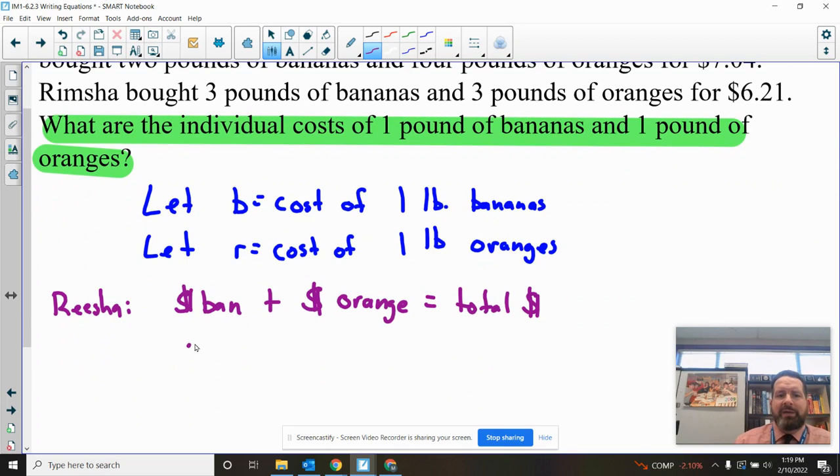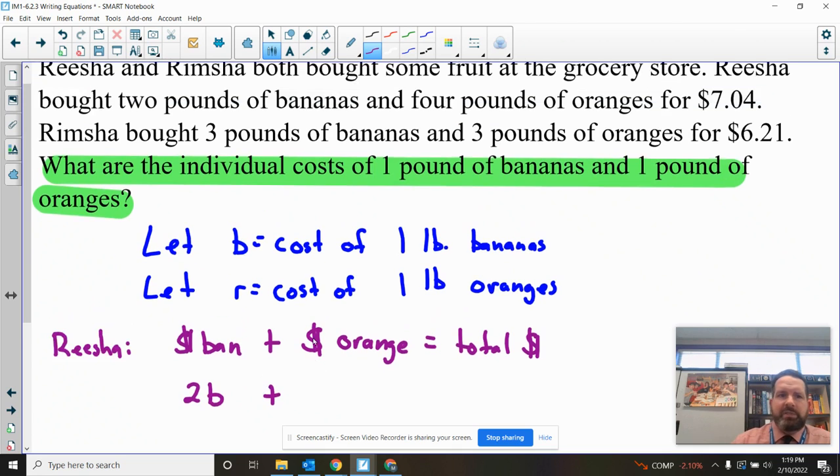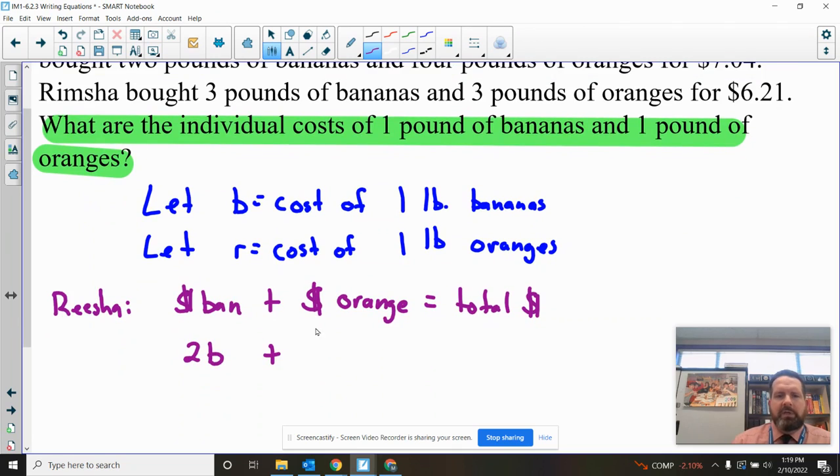So it's 2 pounds times how much it costs per pound, which we don't know. So 2B. With the oranges, Risha bought 4 pounds of oranges. So 4 pounds times the cost per pound is the total orange money that she spent. And so put that all together, she spent $7.04.